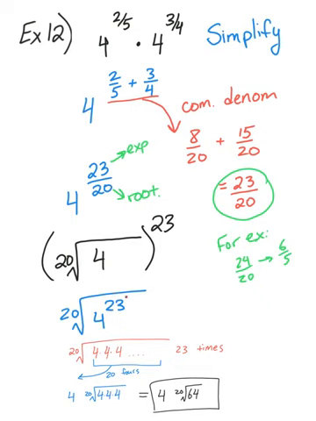Get that really big number and then see if you can pull out at least one group so that it looks like this. So we had 23 fours, we pulled out 20 of them, we had 3 left over. So 4 to the power 3 is 64. That's left in our root. It's still a root 20. Don't forget those little details. And we have a 4 in front.